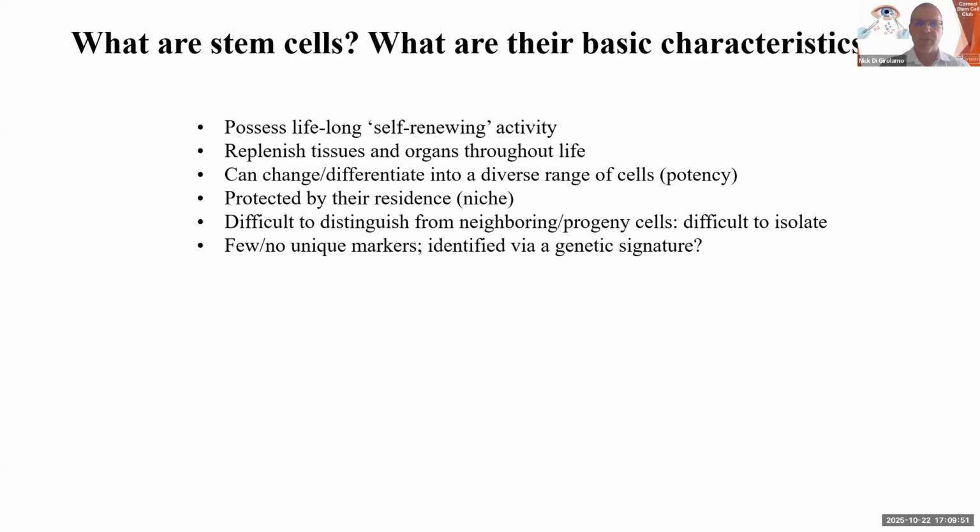So what are stem cells and what are their basic characteristics? Well, they possess lifelong self-renewal activity, which means they replenish our tissues and organs throughout life. They can change or differentiate into a diverse range of cells, and that speaks to their potency. They're protected by their residence, and in scientific terminology, that's called the niche.